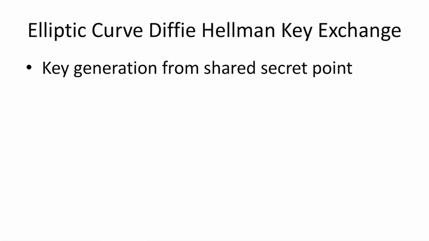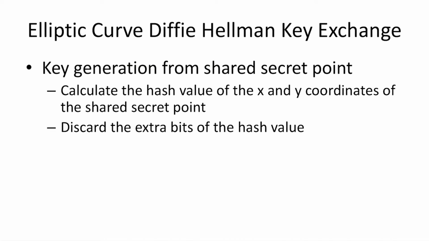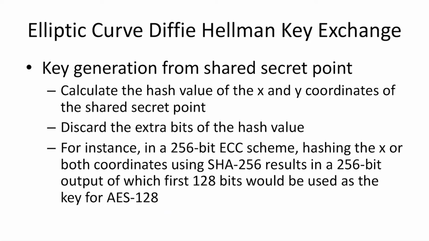So how do we convert this shared point into a key that can, for instance, be used as the session key? First we calculate the hash value by concatenating the x and y coordinates and passing that value through the hash function. Then we discard the extra bits of the hash value depending on the required key length.